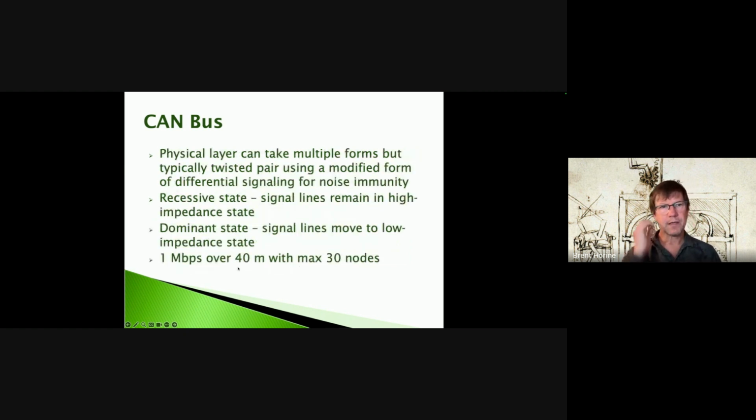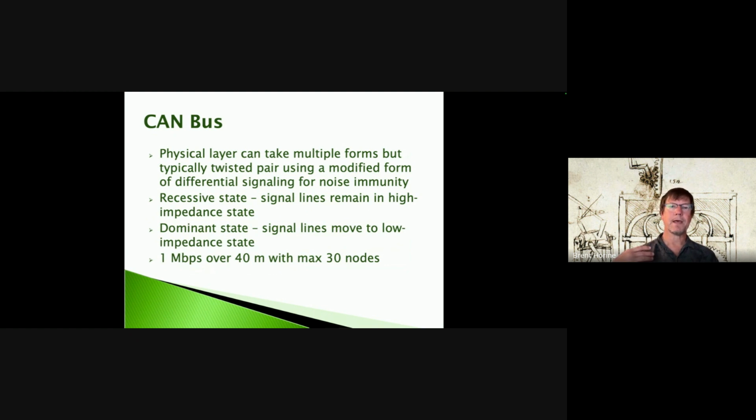So the physical layer can take multiple forms, but very typically it's shielded twisted pair using a modified form of differential signaling for noise immunity. Noise is a big deal in vehicles. Even in gasoline or diesel engines, you're going to have an alternator running. That generates lots of electrical noise that's going to get into your wires, and electric cars are potentially even worse, right?